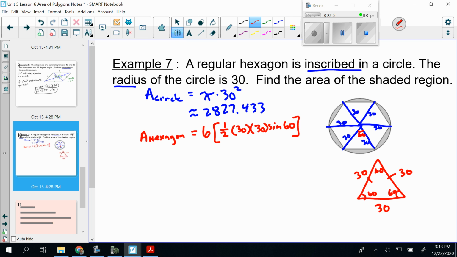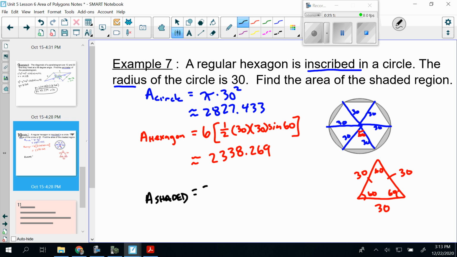So put that in your calculator. That'll give you the area of the hexagon, which is going to come out to be 2,338.269. And now to get the area of the shaded, we just want to subtract.